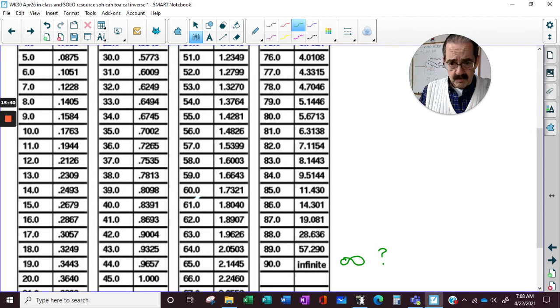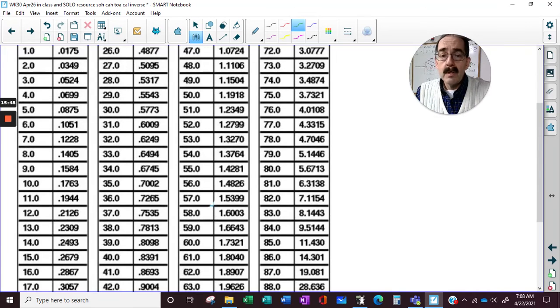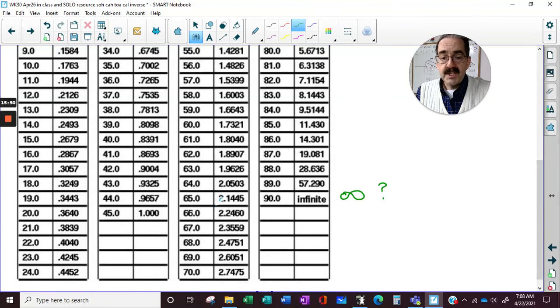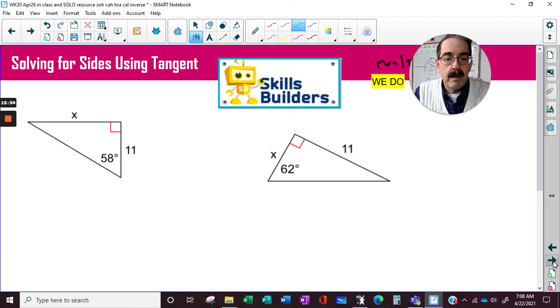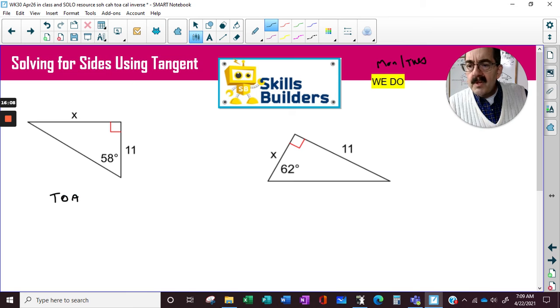Okay, if you want, type in the tangent of 62 degrees. Make sure your calculator is always in degrees. Okay, so have a little discussion here, but tangent can be all sorts of numbers. All right, now we do. Okay, everybody, we're working in tangent. So the first thing I want to do is write the word TOA. TOA.